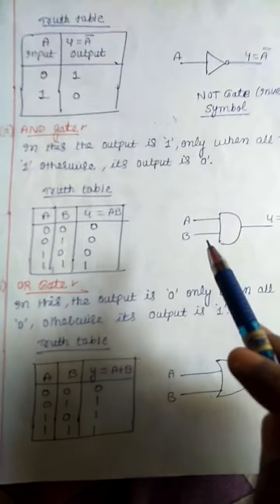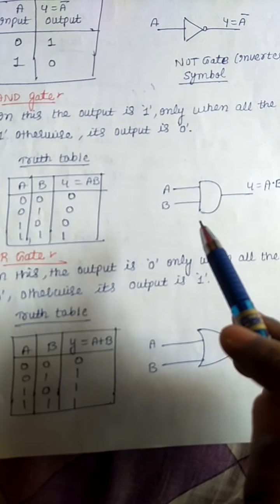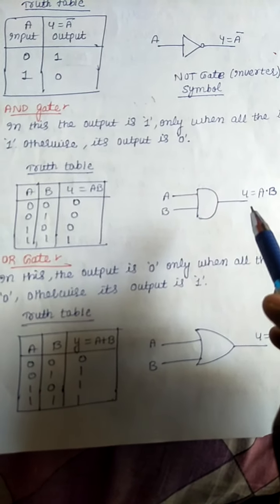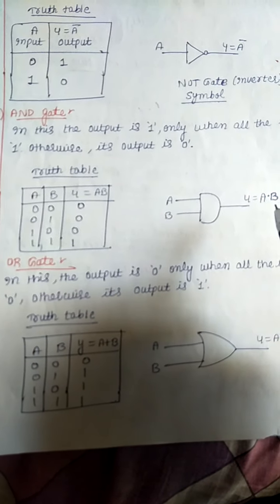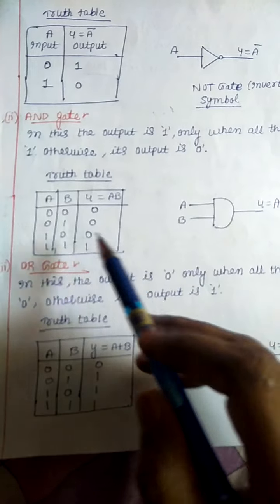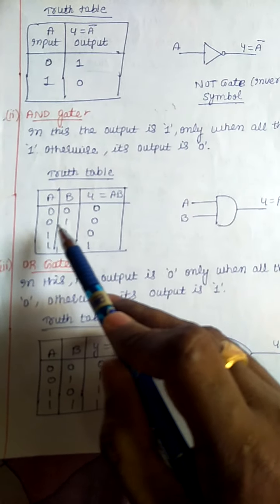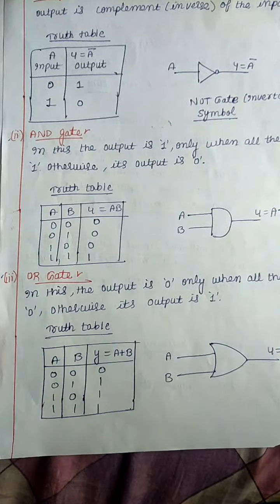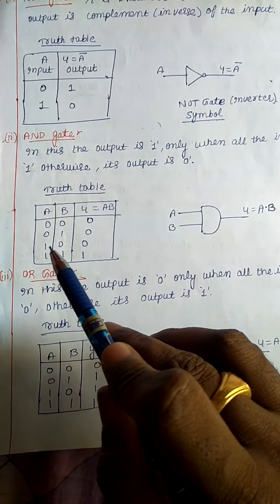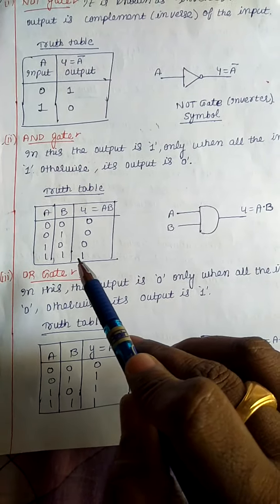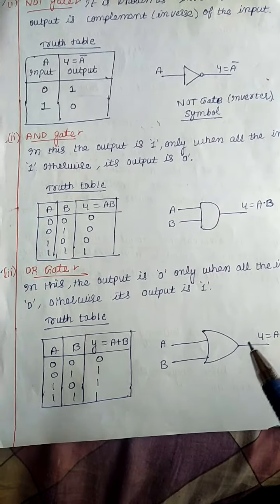A and B are the two inputs and Y is the output. Y is equal to A into B. So 0 into 0 is 0, 0 into 1 is 0, 1 into 0 is 0, 1 into 1 is 1.